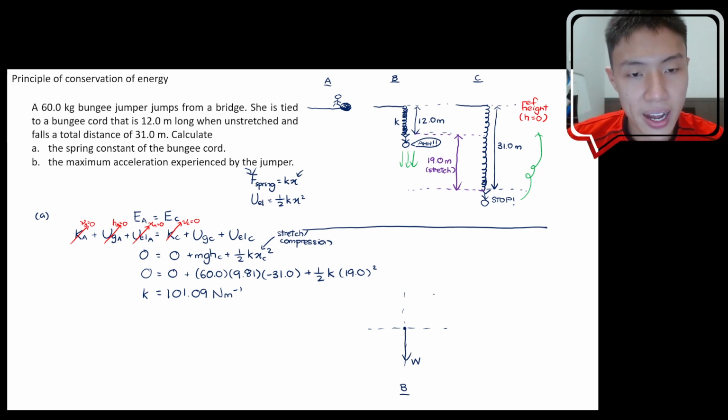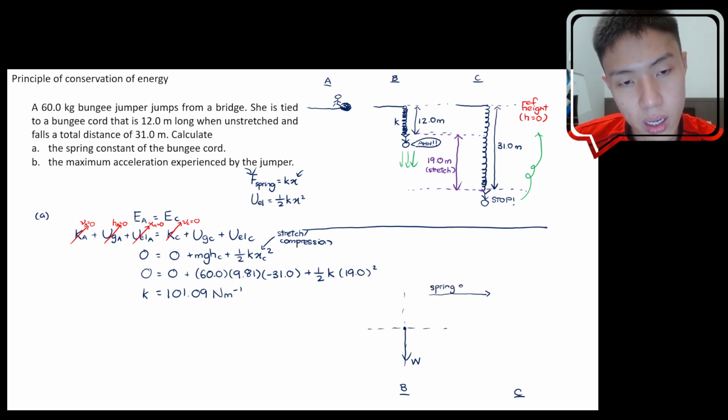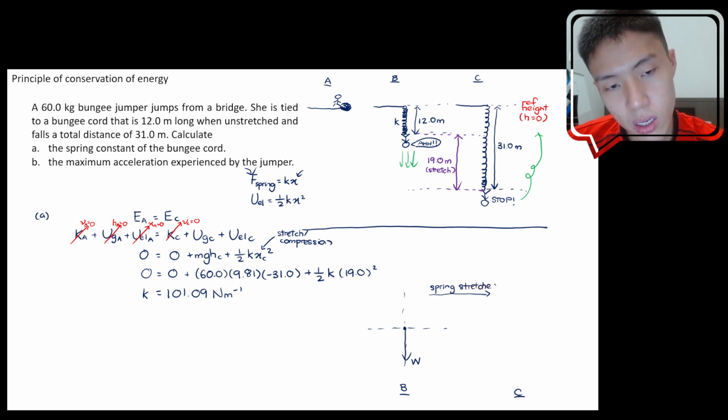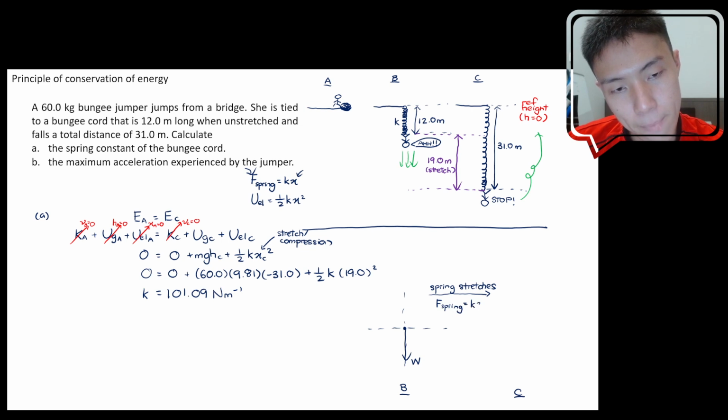But as you continue from B to C, the spring stretches. So your F spring will slowly increase. Why does it increase?